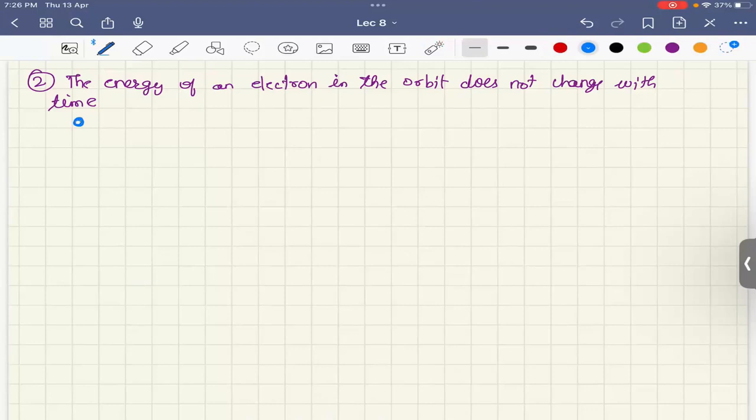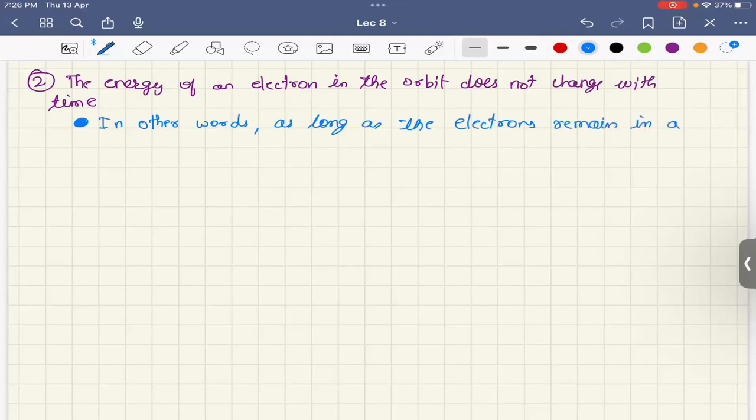Let me write this down. So the first sub point is, in other words, as long as the electrons remain in a particular orbit, it does not lose or gain energy.